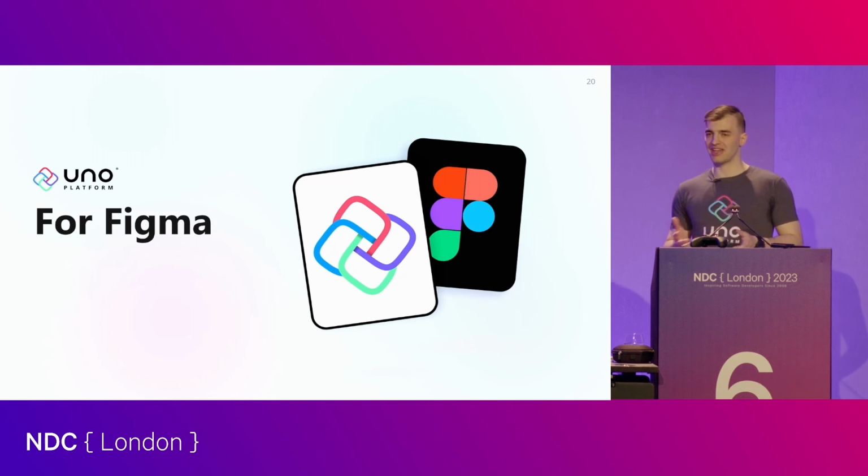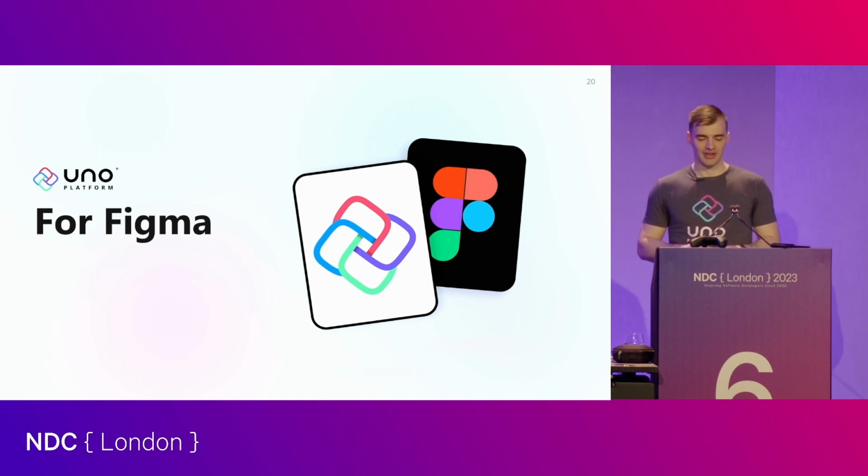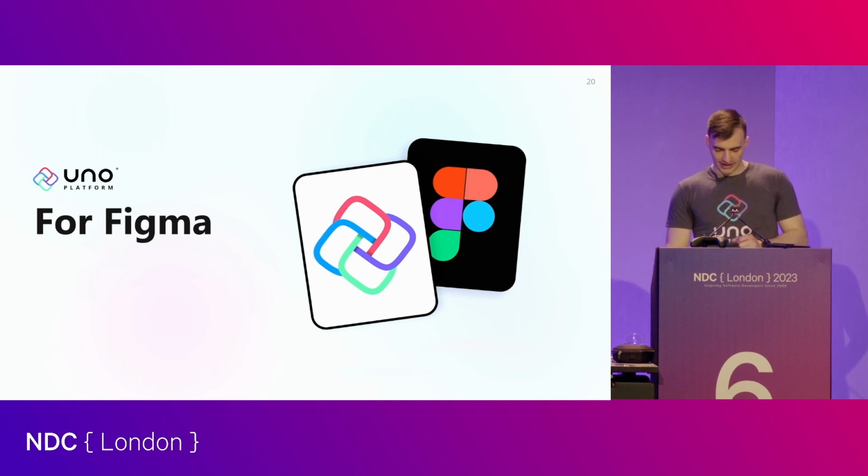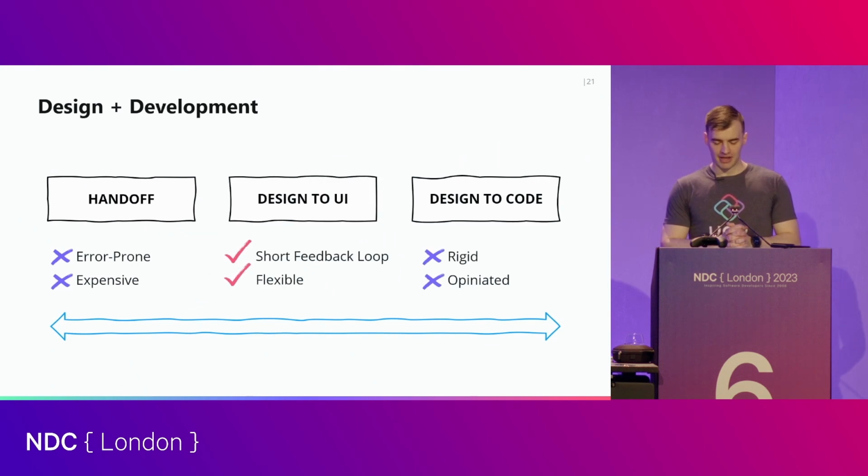Finally, if you are building an application that is cross-platform, you need a great UI, and for that purpose, we have Figma. The Figma plugin for UNO platform allows you to avoid those common problems that you have when you're designing your application.